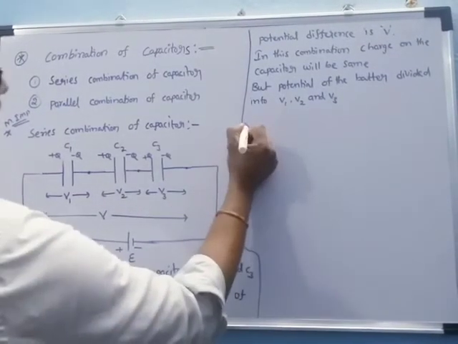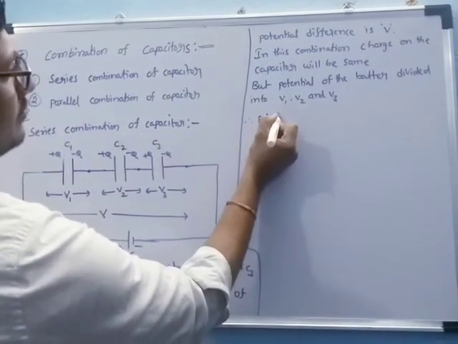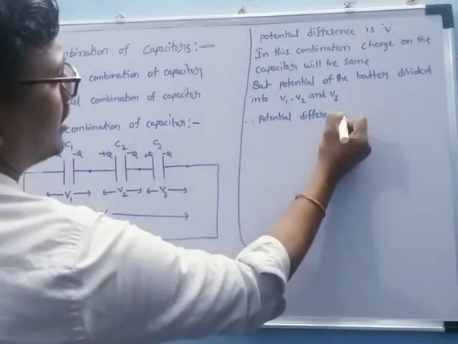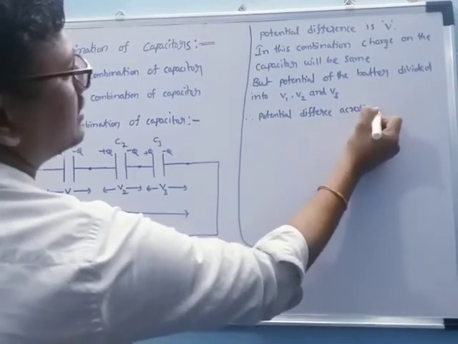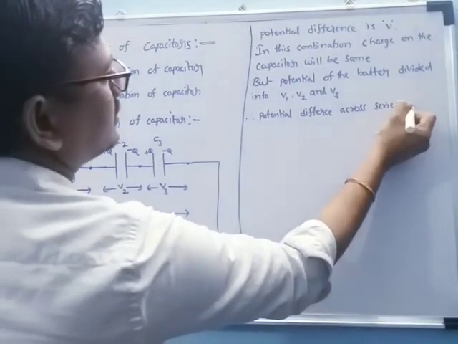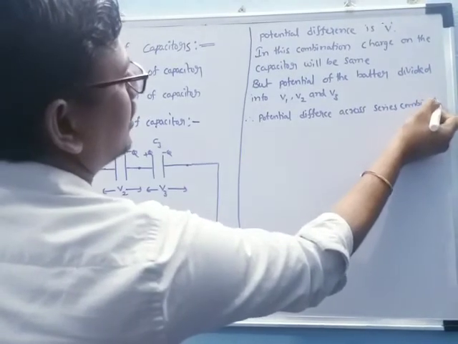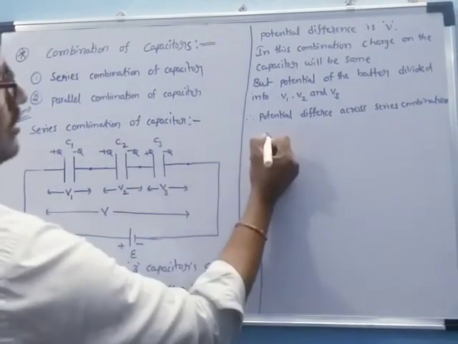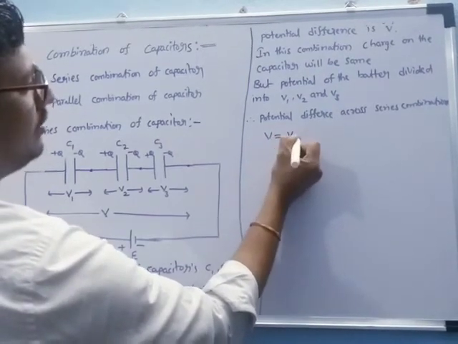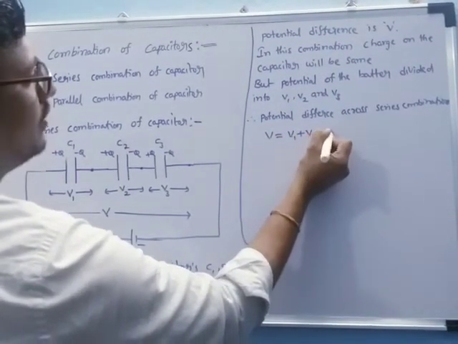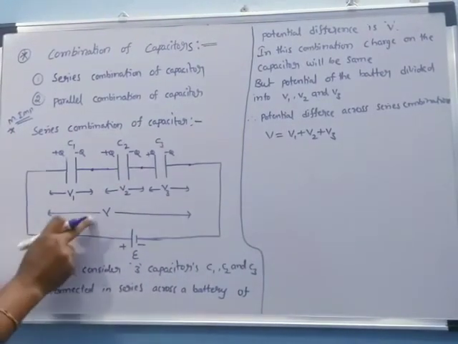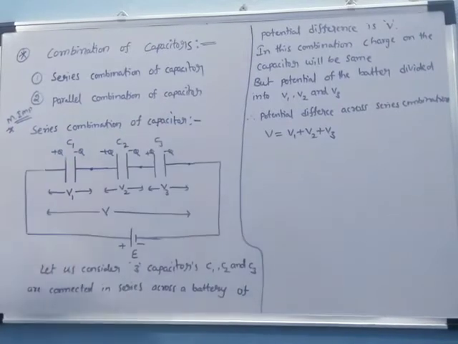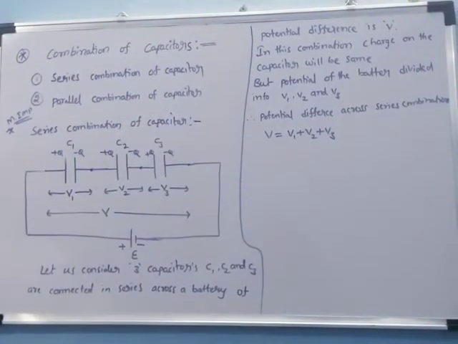Therefore the potential difference across the series combination is V equal to V1 plus V2 plus V3. The total potential difference is the sum of V1, V2 and V3.